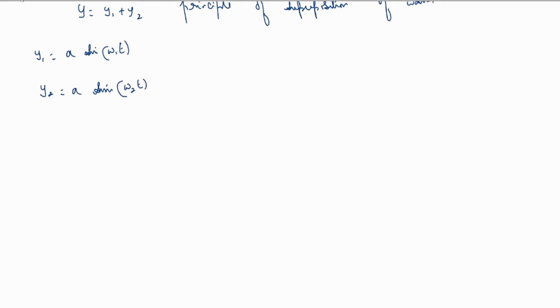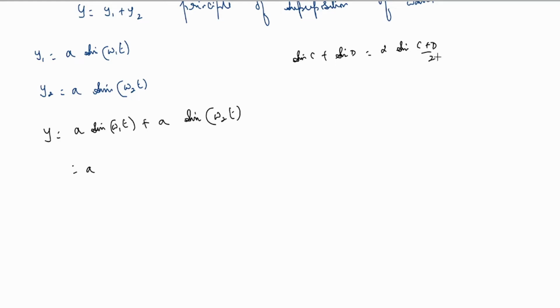If we add these two, then y is equal to a into sine of omega 1 into t plus a into sine of omega 2 into t, which is equal to a into sine c plus sine d, written as 2 sine of (c plus d) by 2 into cos of (c minus d) by 2.